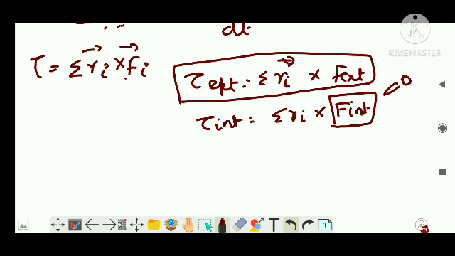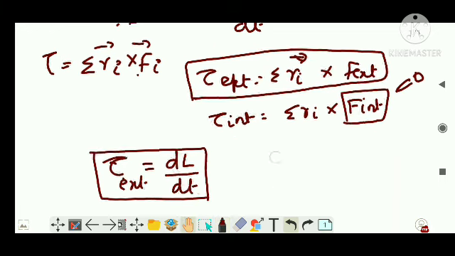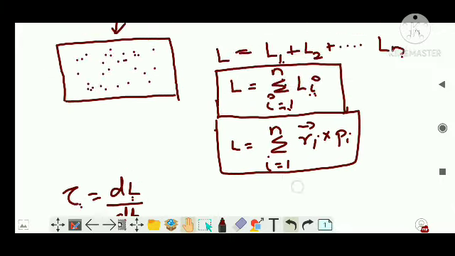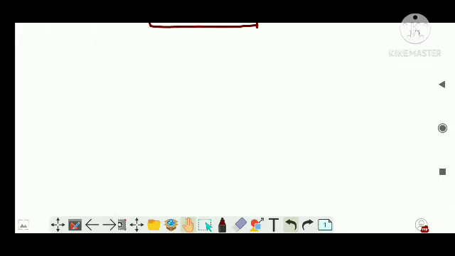That's why when you write torque is equal to dL by dt, this torque is external torque, not internal. This much clear? This is a little bit lengthier process, but I hope you understood, right? Please go through the derivation again, you will understand. This is a very simple derivation.